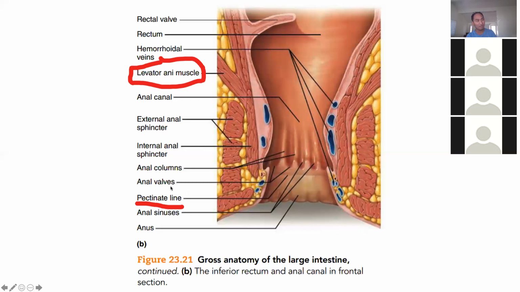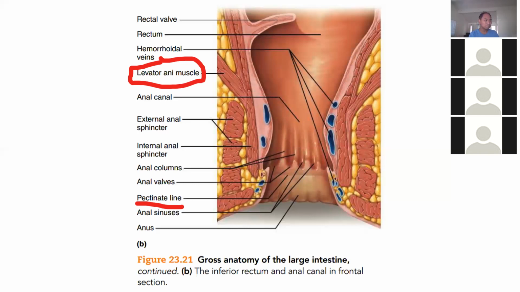Look at that anal valve. The anal valve has glands which secrete a little mucus so that the feces can pass through the anus with some degree of ease. The anal columns have the blood vessels, and if the blood vessels are dilated, it is hemorrhoids, which is what we call piles.